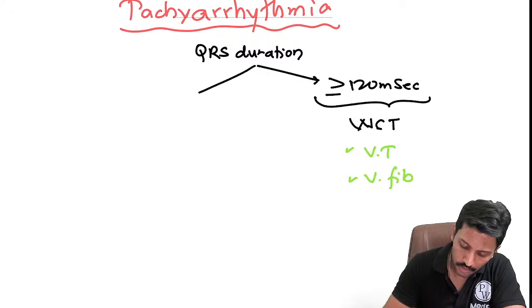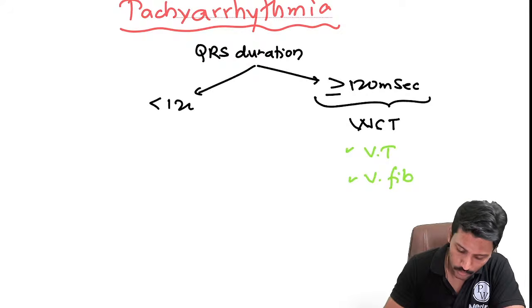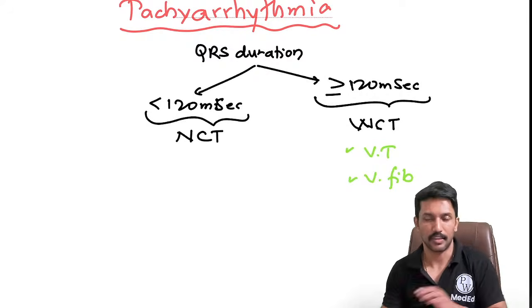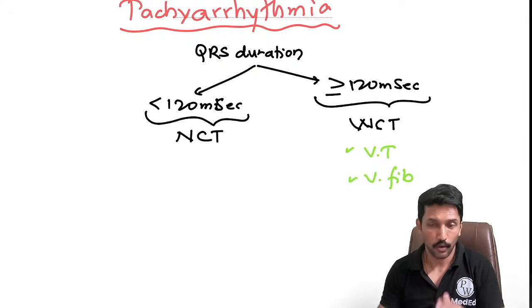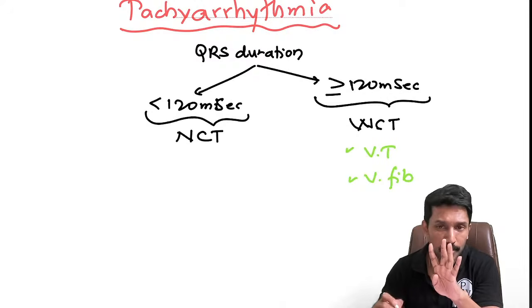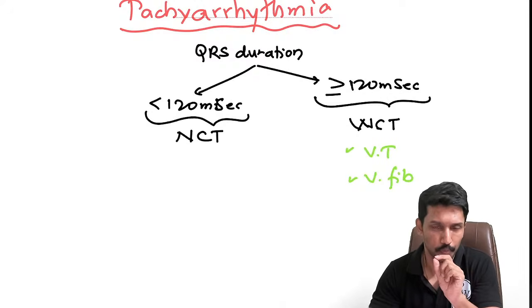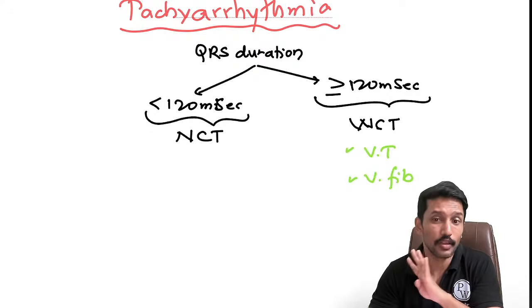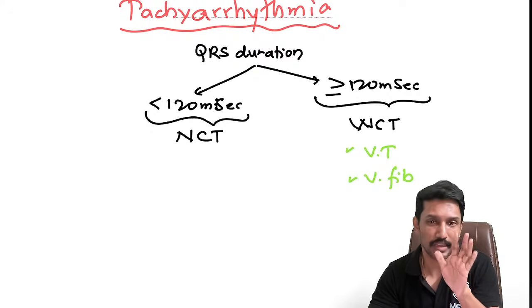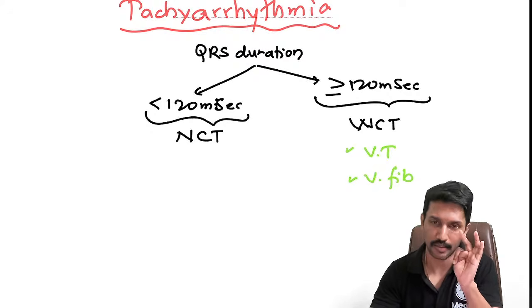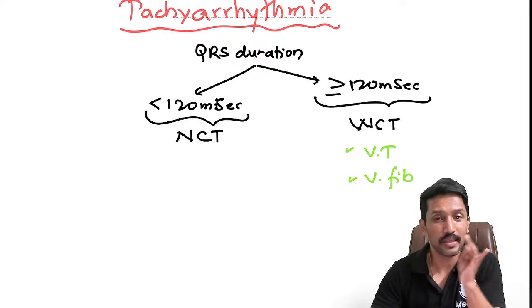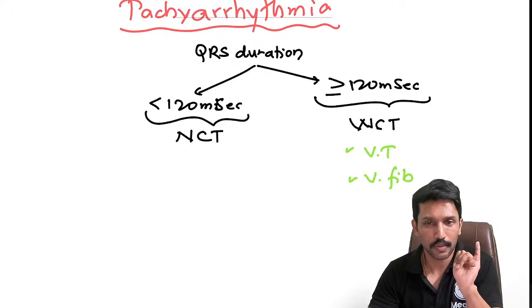But if the QRS duration is less than 120 milliseconds, then you will call those arrhythmias as narrow complex tachyarrhythmias. Now, narrow complex tachyarrhythmias, there are four major narrow complex tachyarrhythmias that you need to know. The first one and the overall most common arrhythmia is sinus tachycardia. Second one is atrial tachycardia. Third one is PSVT. And the fourth one is AFib.